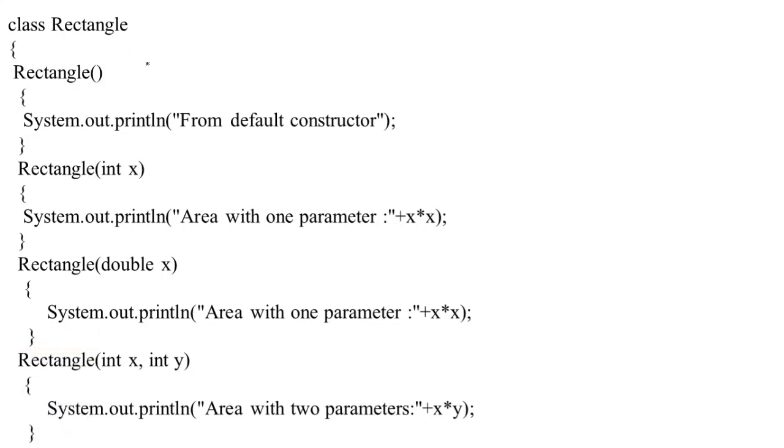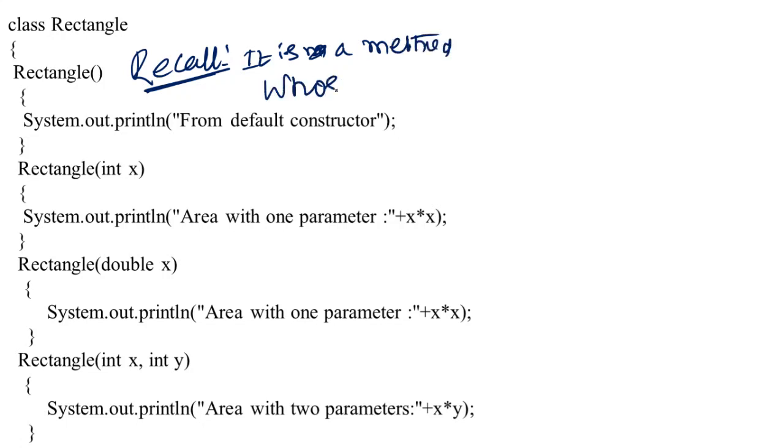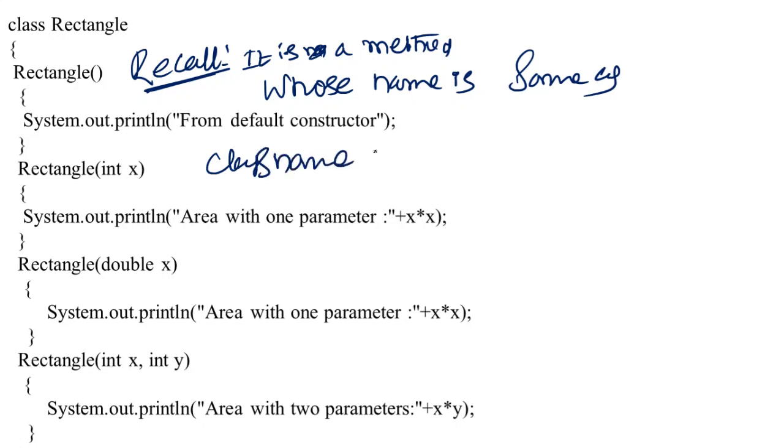Just try to recall from my previous classes what a constructor is. Let me spend one minute on it. A constructor is a method whose name is the same as the class name, without a return type.